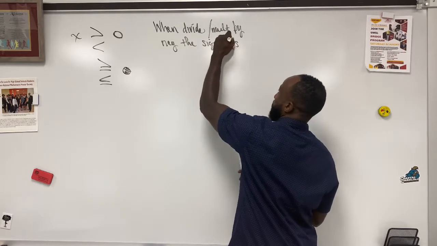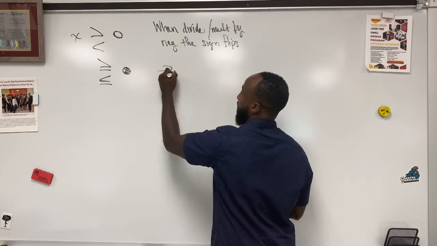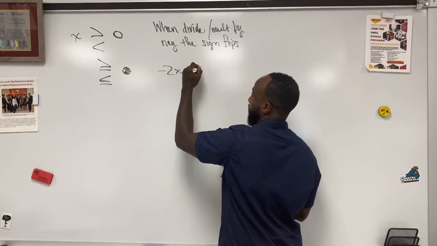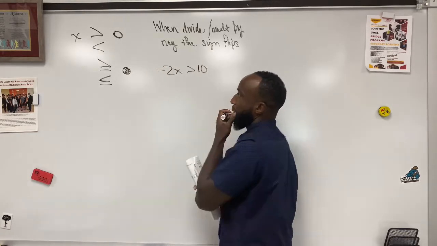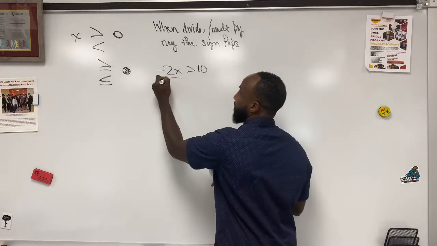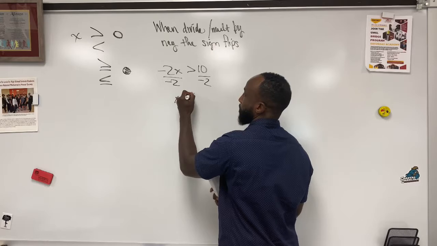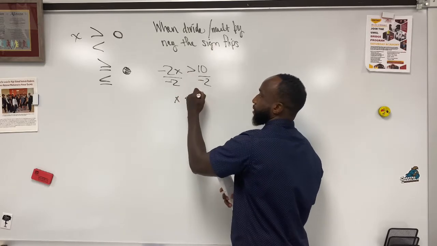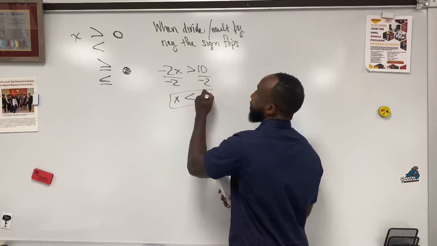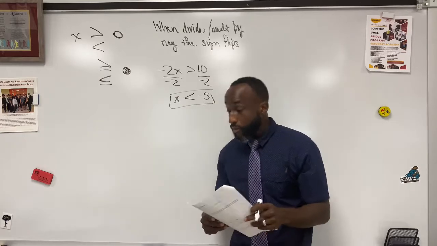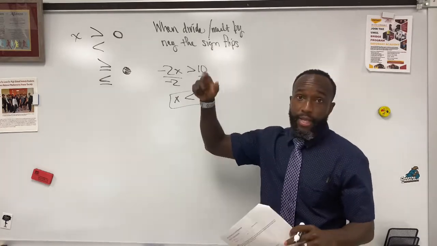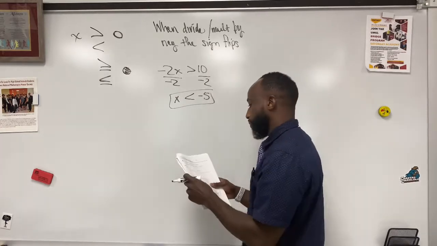So basically, if I have -2 is greater than, say, 10, when I divide by this -2, the sign changes direction. When you divide or multiply by a negative, the sign flips.